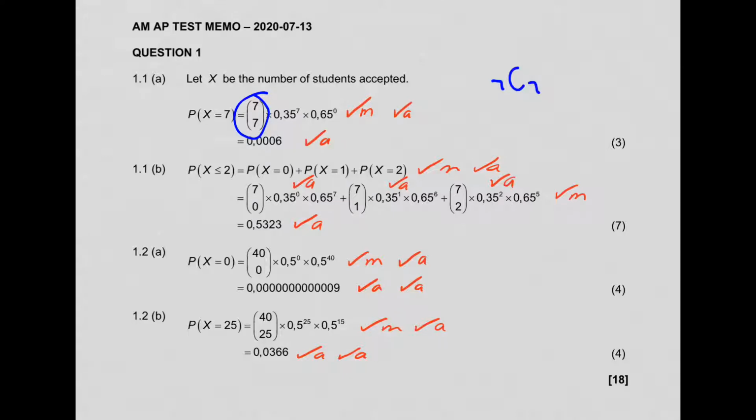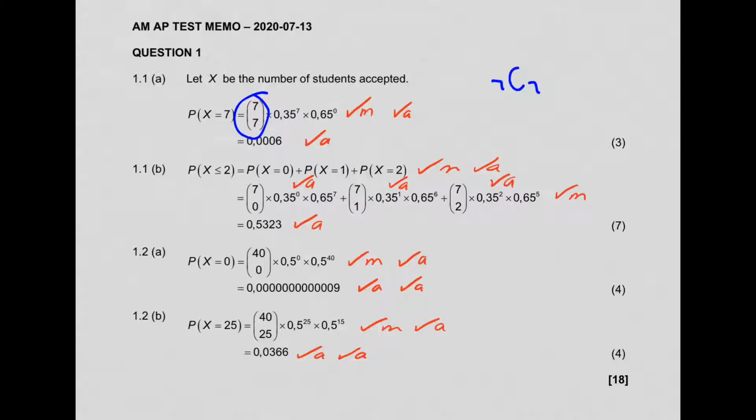Then our first probability here is the probability that they'll be accepted. Now if we're saying that all will be accepted, then the exponent must be 7. And the exponent of the probability of them not being accepted will be raised to the power of 0, because we're expecting all 7 to be accepted, right? And that's 0.0006, 3 marks.